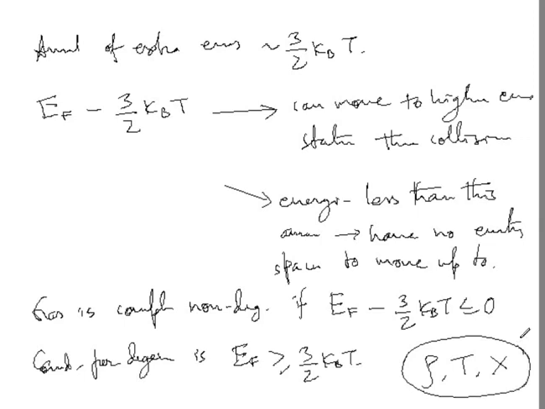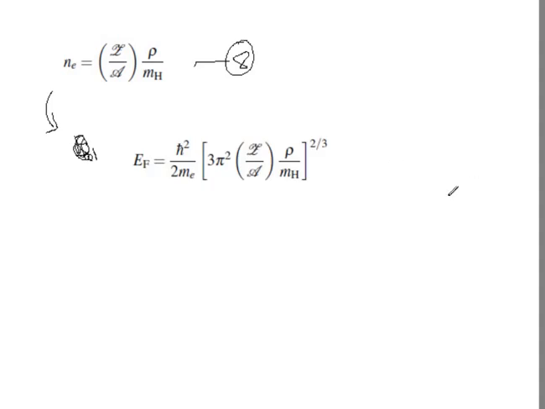We note that the number of electrons per unit volume can be calculated, and the value is given by this one here. This is equation 8. So from here and our previous discussion, we can get a value of Fermi energy. Let me write down the entire expression for you. This is the expression for Fermi energy, equation 9.